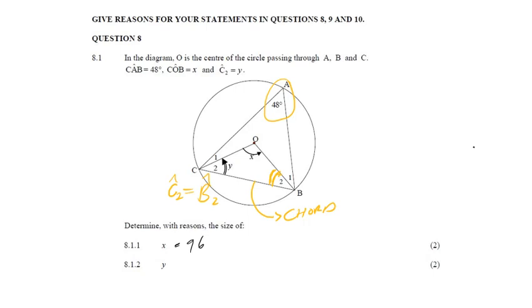So if you know x and you write 96 there, then you will be able to find B2 and C2, which is y. C2 is equal to y. Because B2 plus C2 are equal to 180 minus 96.